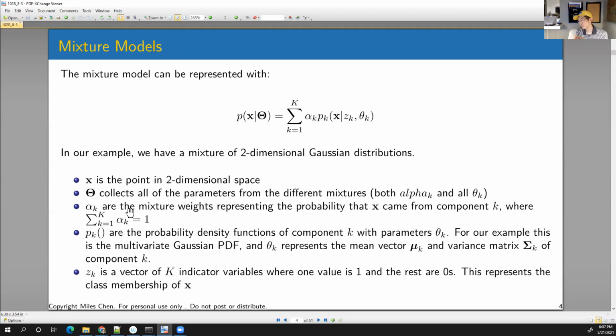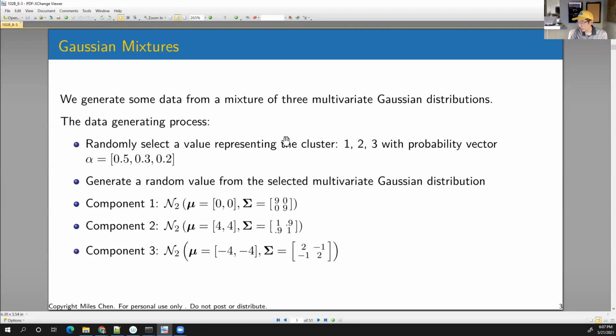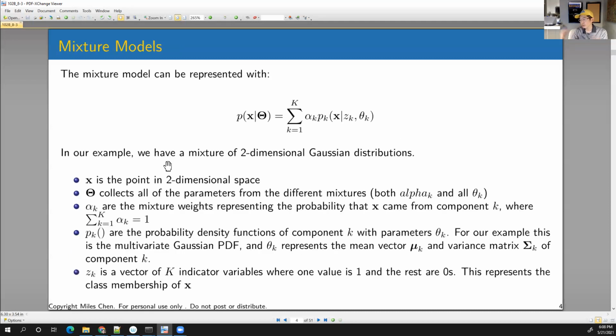So you take the PDF of distribution 1 and multiply it by 0.5, you take the PDF of distribution 2 and multiply it by 0.3, and you take the density of distribution 3 and multiply by 0.2, and you add all of them up. That's the overall probability that one observation has, okay?